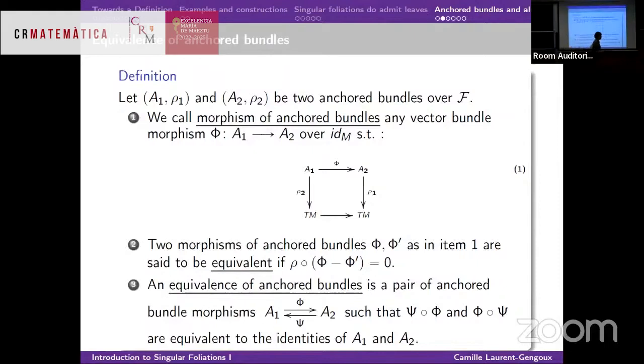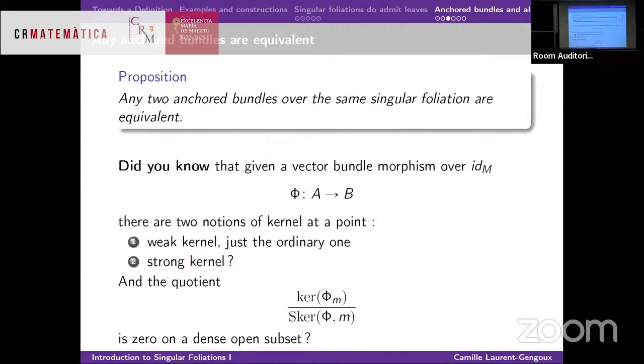We would like to have something more concrete, like a vector space. So for that, I'm going to say something very basic of differential geometry. If you have a vector bundle morphism over the identity phi from A to B, and you choose a point, we have two different definitions of the kernel of phi at this point.